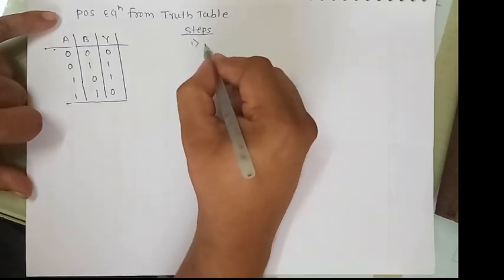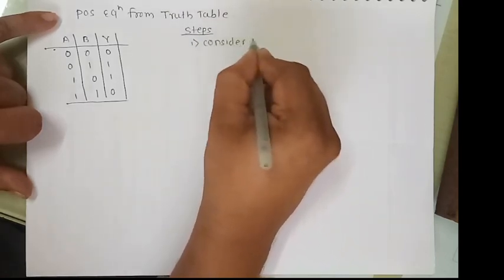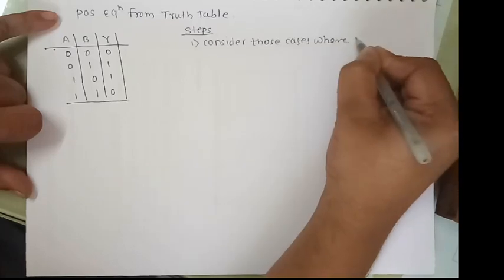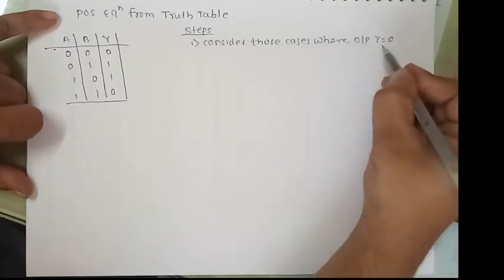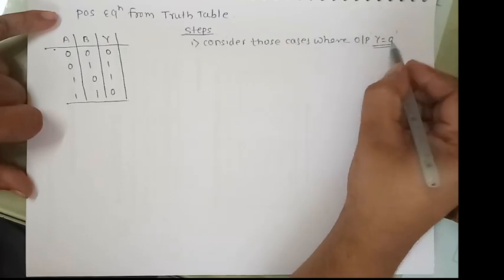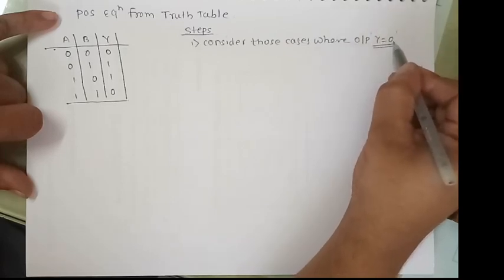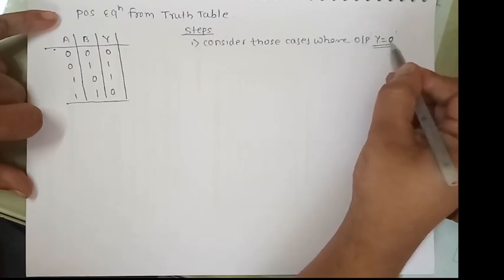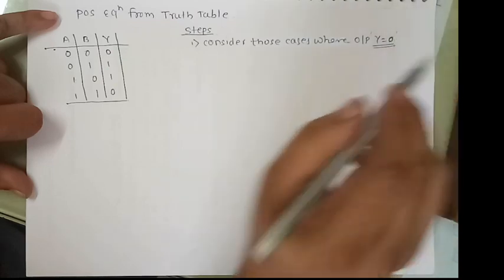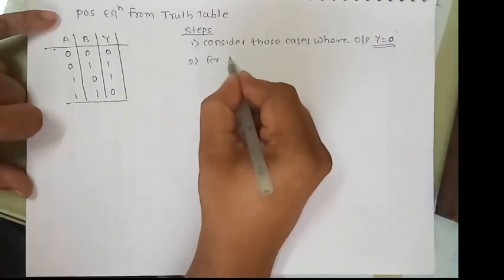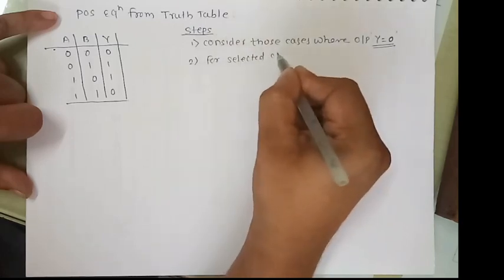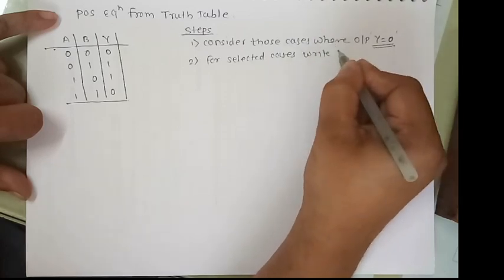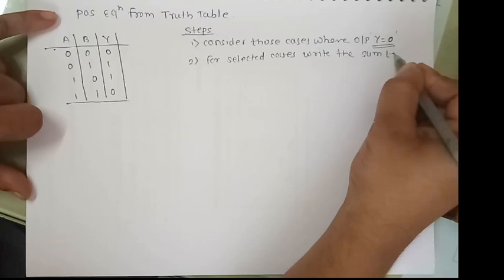So the first step is what? Consider those cases where output Y equal to 0. Now remember that in case of POS equation we have to consider the cases where output Y equal to 0. For SOP we have taken Y equal to 1, and for POS here we have to consider it as a 0. Second, for selected cases, write the sum term.